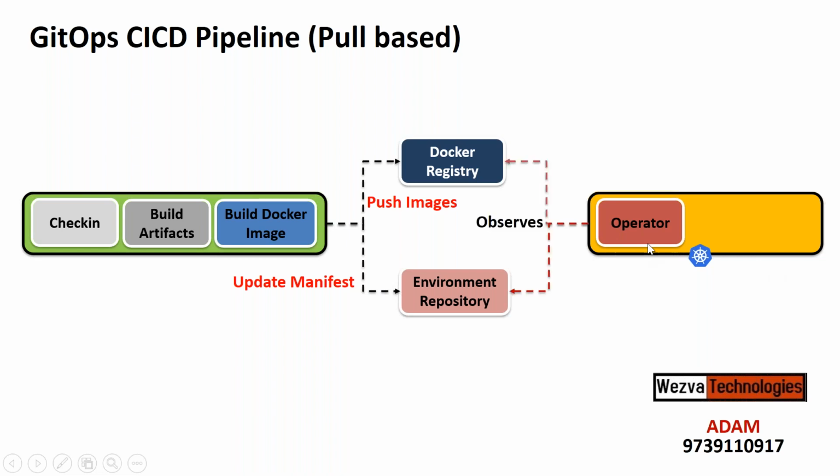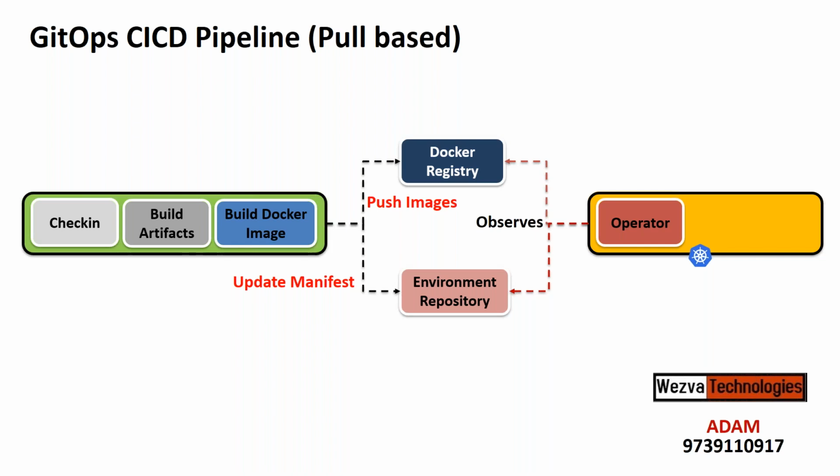This operator will be continuously observing whether a new image is uploaded, or a new file has been modified in any of your repositories, like whether you have modified your manifest for Kubernetes, any application configurations, or any environment, image name, or replicas.